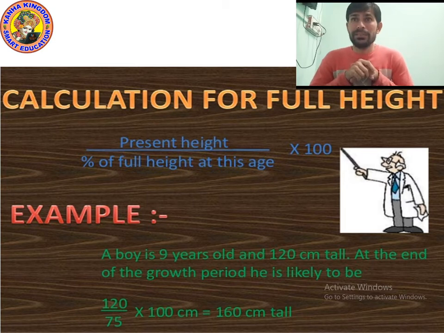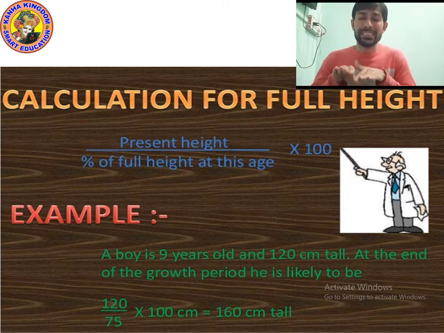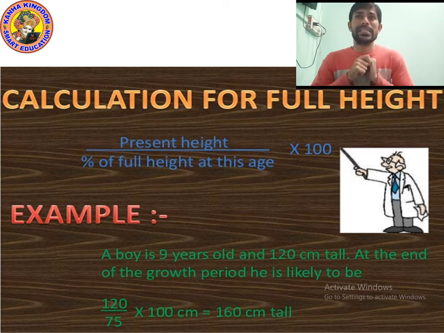But when your age is around 11, because adolescent age starts from 11, at that time the girls' height is more than boys'. The girls' height is around 88 percent and the boys' height is 81 percent. Suppose the girls' height is 4.5, then the boys' height will be 4.